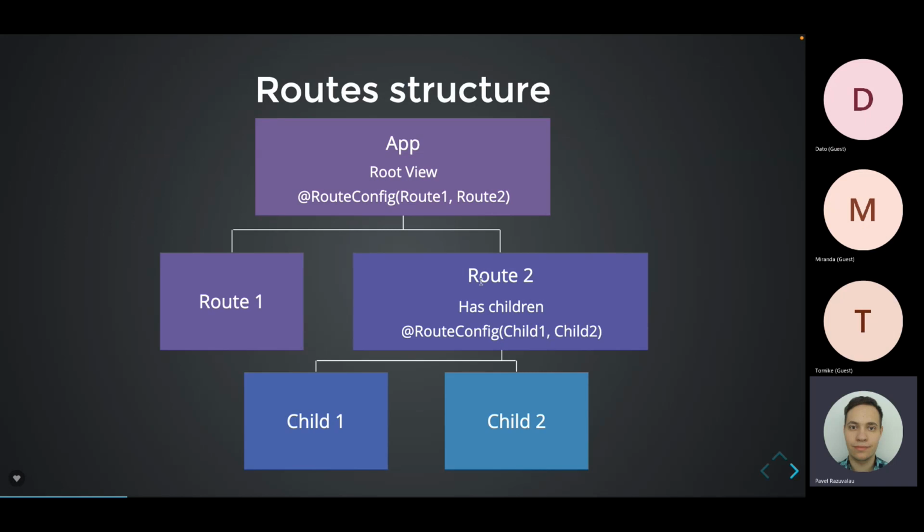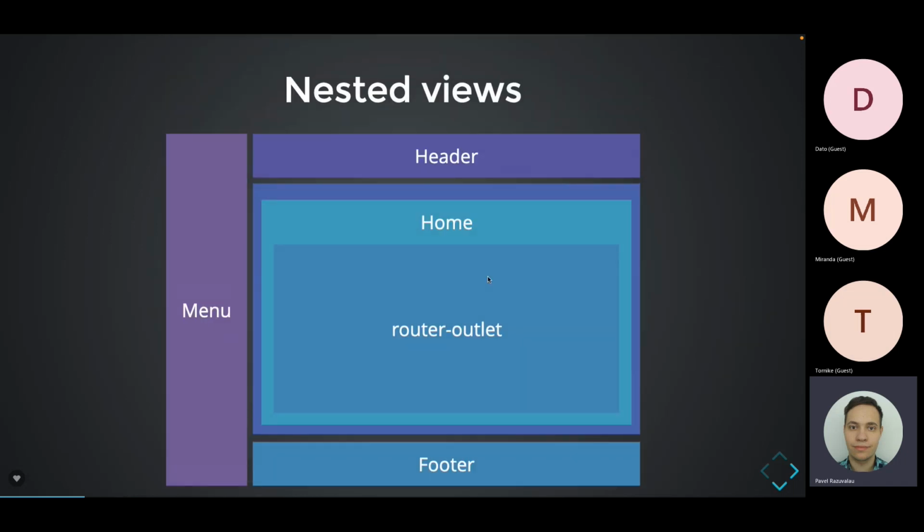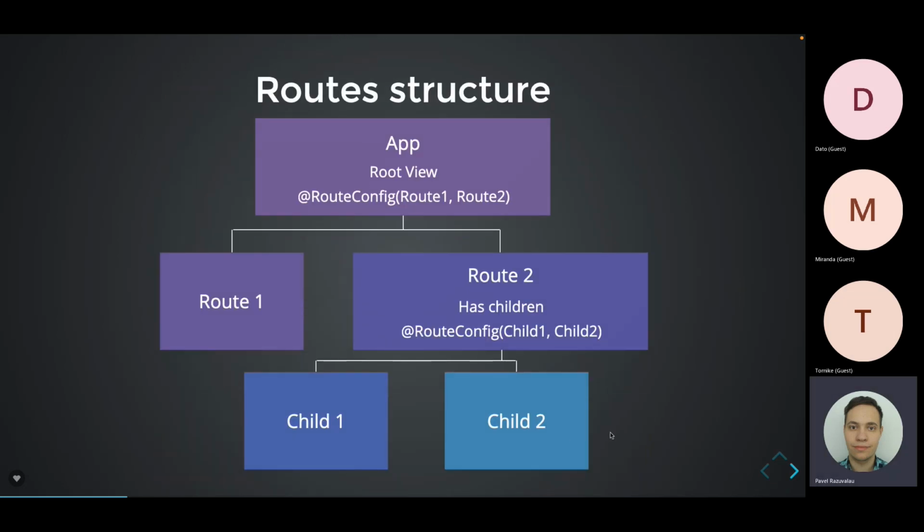The root 2 has some child routes, like in the previous example. Here there are some nested routes, and we can also create nested routes for child 1 or child 2. So with the routing, we can create the tree of the navigation as deep as we want.